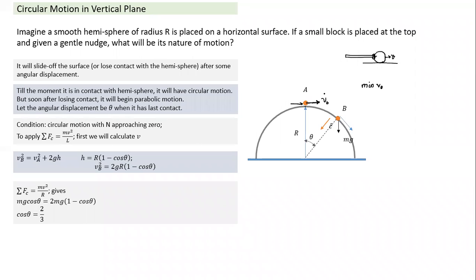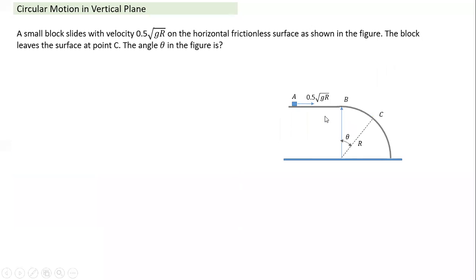Can we think of an answer? Root gR. If it is greater than root gR, or if this V naught is equal to root gR, yes, it will lose contact and fly off as a parabola. It will not stay in touch. And that's also one question you find in many books.